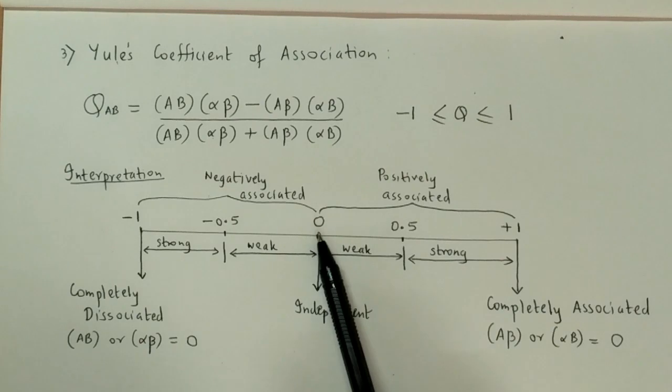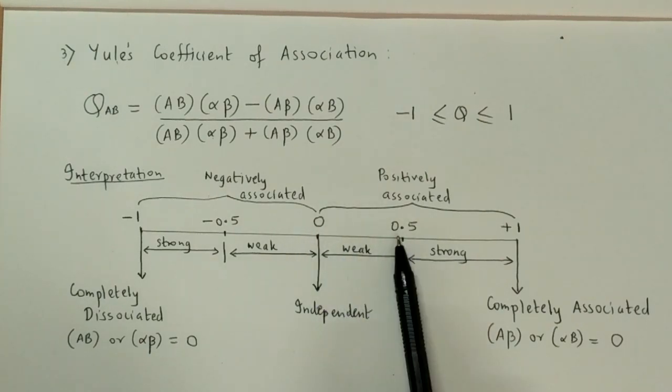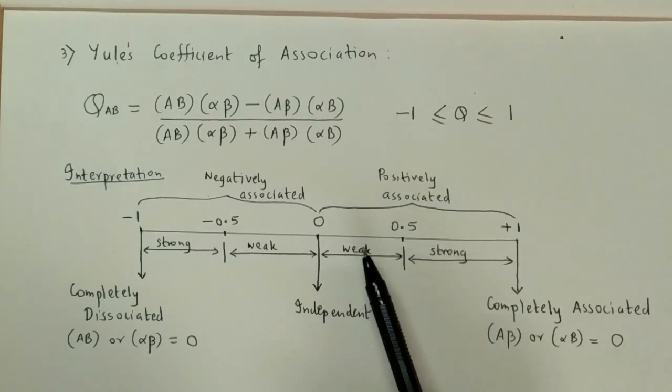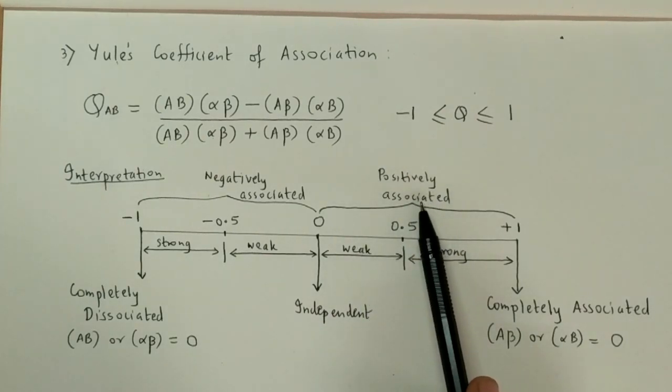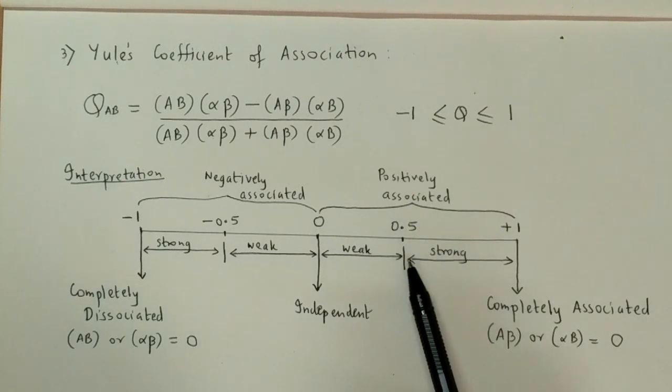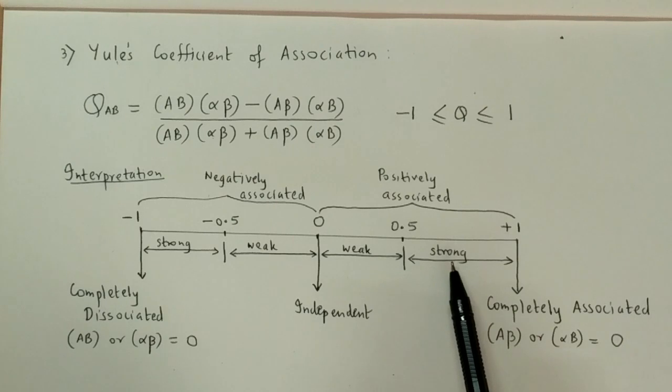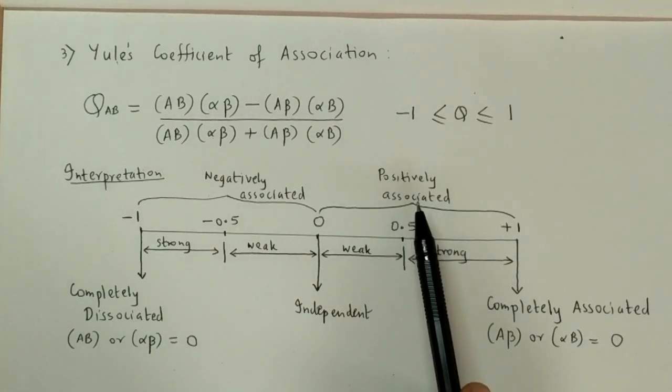So if the value lies in this range 0 and 0.5, then we could say the association is positive, but it is a weak positive association.